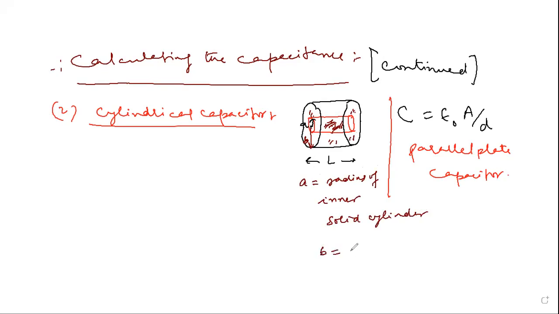B is the radius of outer cylindrical shell. L is length, right? We show first this diagram in cross section.